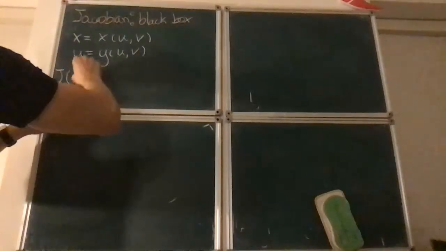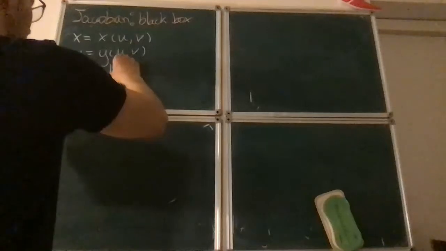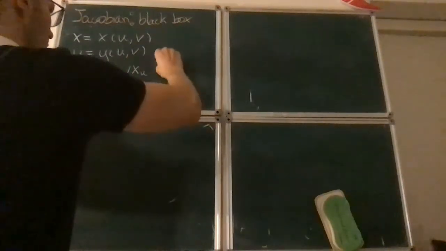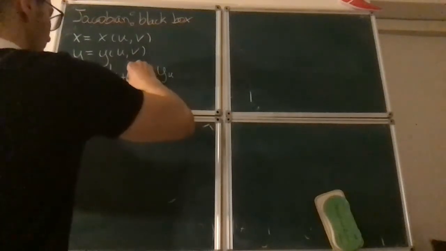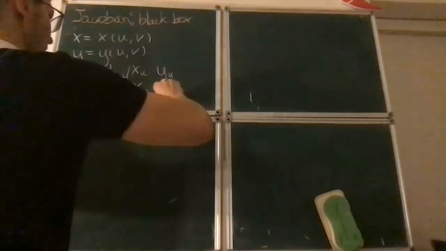of u and v, just to be the absolute value of the determinant of xu, yu, xv, yv.